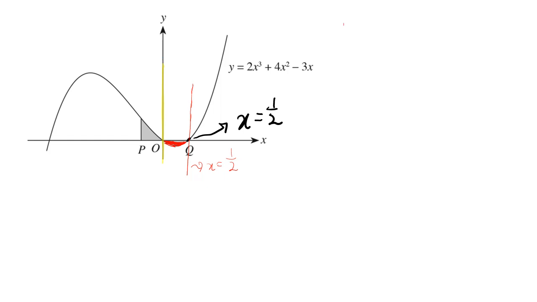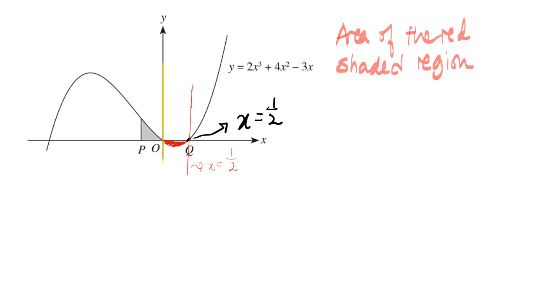So if it's below the x-axis, what do we do? We're finding the area of the red shaded region, because there are two shaded regions there. Let me write it properly.